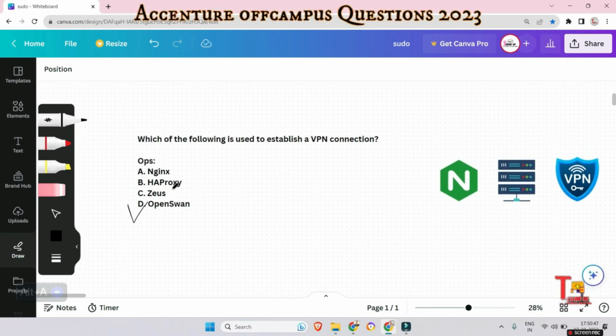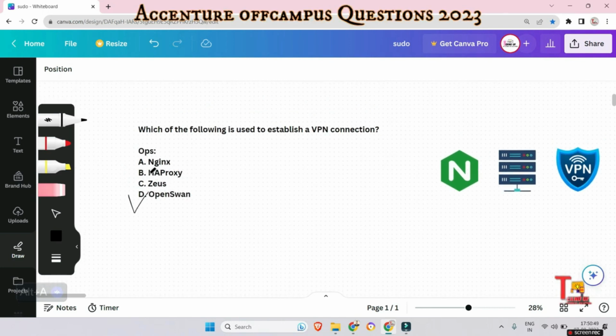Let me explain a little: Nginx is a web server and a reverse proxy that can be used to serve web content. HAProxy is a popular open source load balancer and proxy server, not used for establishing VPN connections. Zeus is also not related to VPN connections.